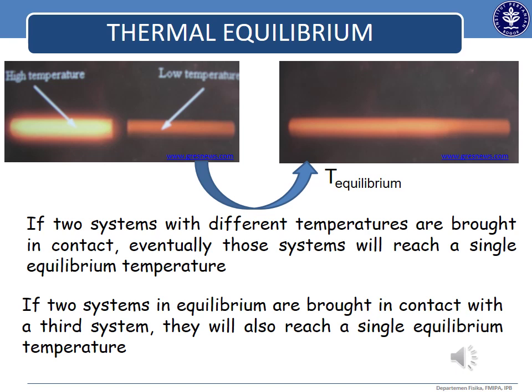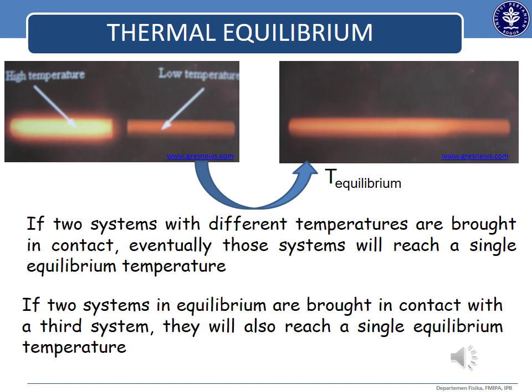We call those two objects in equilibrium with each other. And if these two objects are brought in contact with a third system, they will also reach a single equilibrium temperature.